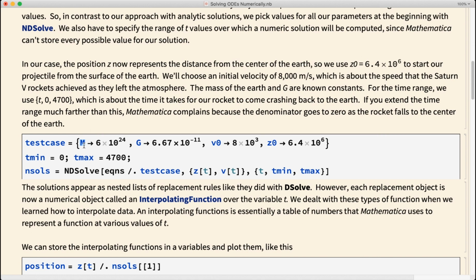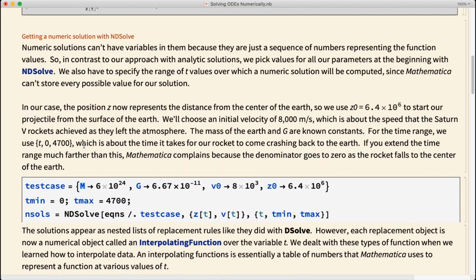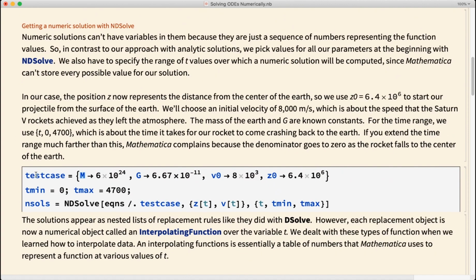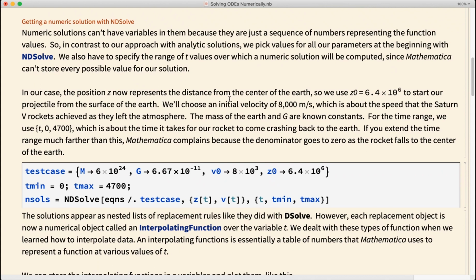I'm going to do this using this slash dot notation again, because I want to keep this in this form so I can easily change what these variables are without having to rewrite all of this. So I'm creating a new test case, and in my test case, m is going to be equal to this, which is in, I don't know if I've got the units up here, kilograms.